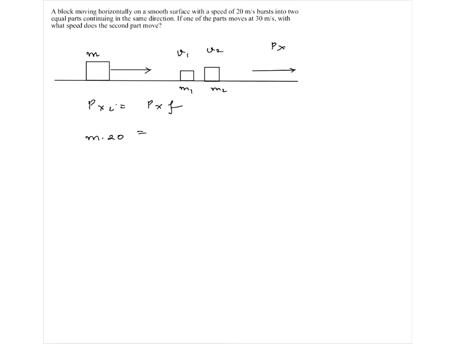Let's say one of them, V1 or V2, is 30. Of course, mathematics will take care of this thing. I mean, the greater speed must be on the right side.